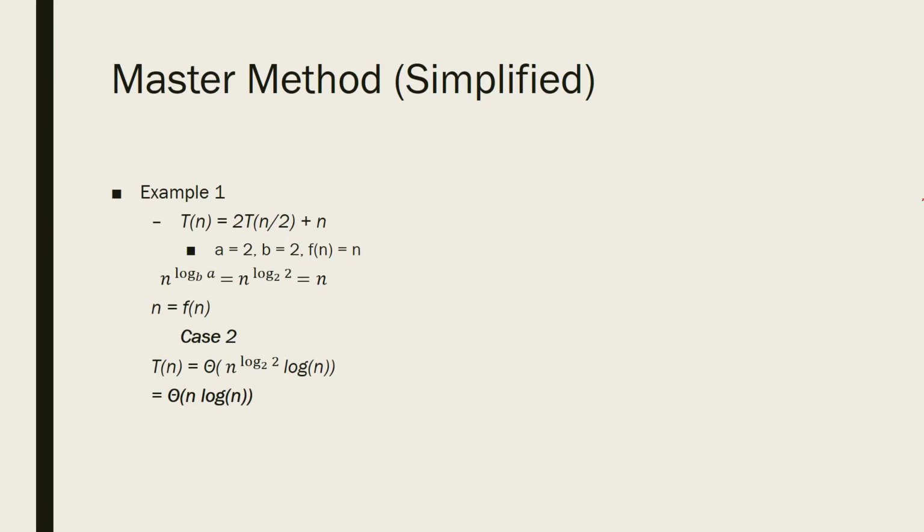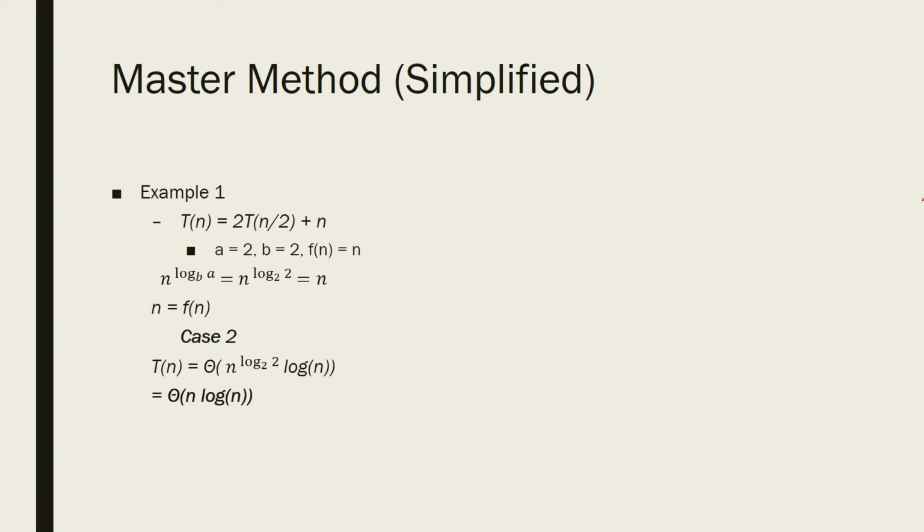So in this first example, we have 2T(n/2) plus n. We identify our a as being 2, b as 2, and our f of n is n. So if we look at the recurrence relation, that is n to the log base b of a.